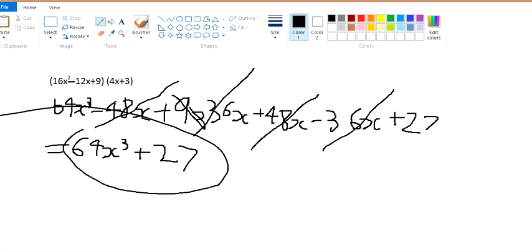You'll need to remember this rule also, because it is extremely useful in expanding some of these really complicated polynomials.